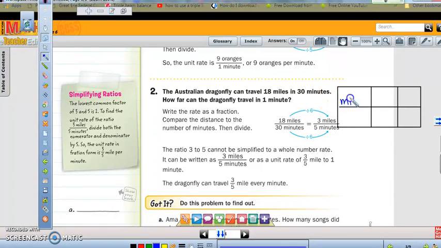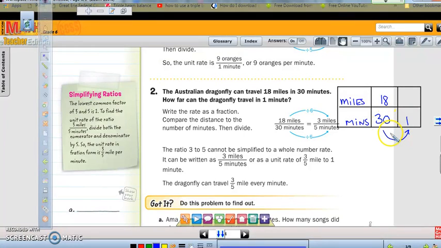So we're talking about miles and minutes. So 18 miles in 30 minutes, I want for 1 minute. Okay? Now again, we're going to work with decimals. They state a fraction. I want us to go down to 1 because we are not afraid of decimals.